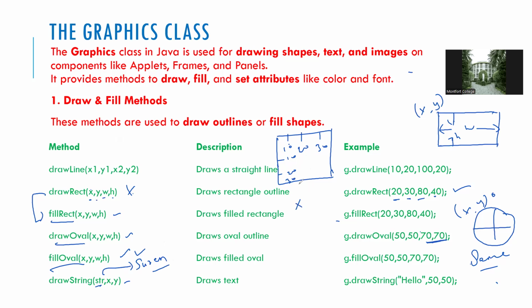For the y-axis, let me take another 20. So 20 comma 20 is what I have to give here. Then from here it will start printing Suren. In this way drawString works. So you can see here, hello will be printed at the x-axis of 50 and the y-axis of 50. This is x, this is y. Next we will see.